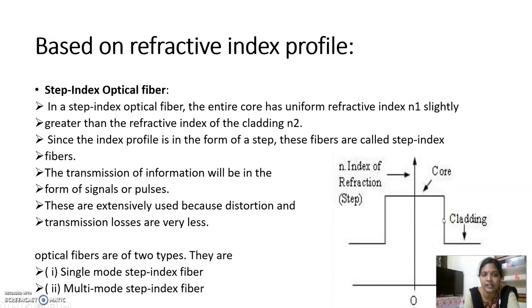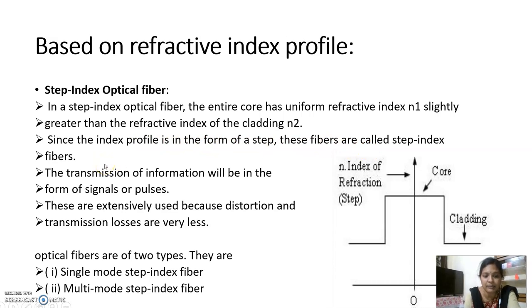That is called step index fiber. Let us say N1 is the refractive index of the core and N2 is the refractive index of the cladding. Here the refractive index varies step by step from the center of the core to the cladding. Since the step index profile is in the form of steps, these fibers are called step index fibers.